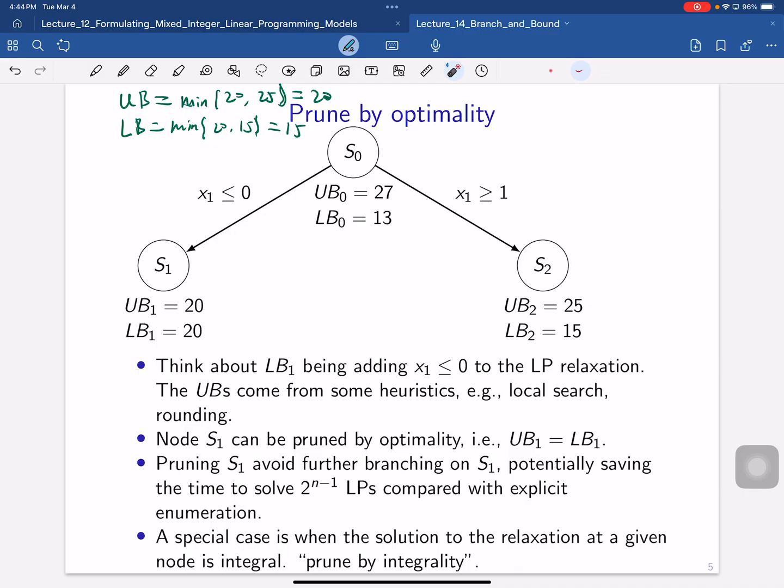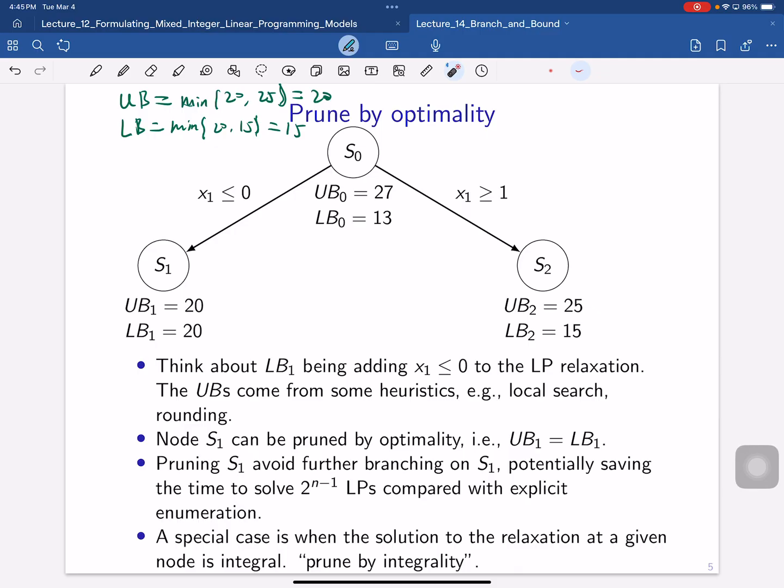Pruning S1 will avoid further branching on S1, potentially saving the time to solve an additional 2 raised to the power of n minus 1 LPs, because you just branch on one variable, and you could potentially branch on 2 raised to the power of n minus 2 LPs using explicit enumeration.